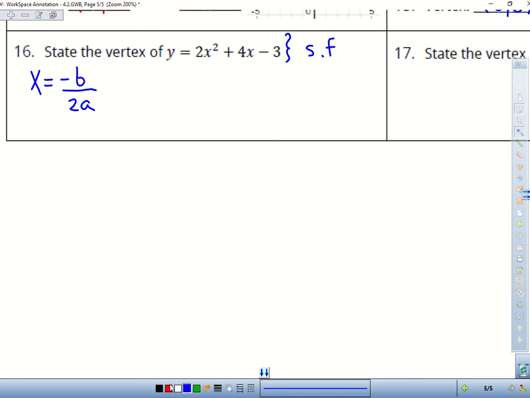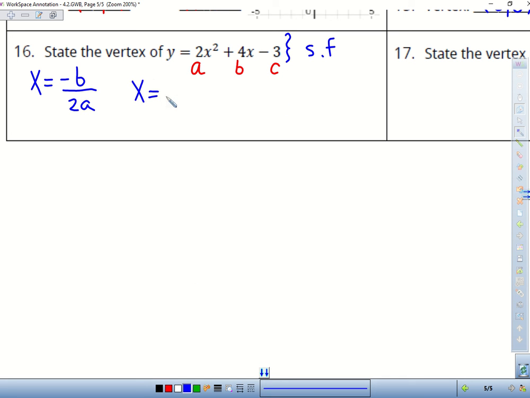So what's the a value in this equation? B? 4. And C? -3. Good.